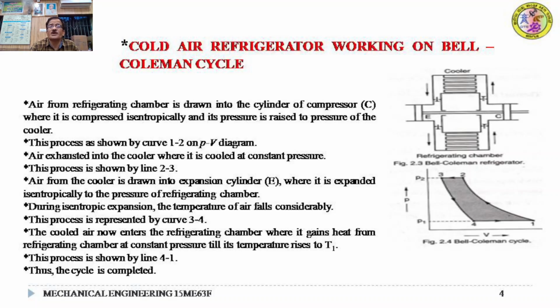It is isentropic compression. Next it is cooled in the cooler by exchanging heat with a cooling medium, either water or air, and then it enters the expander where it is expanded isentropically, shown by the line 3 to 4.